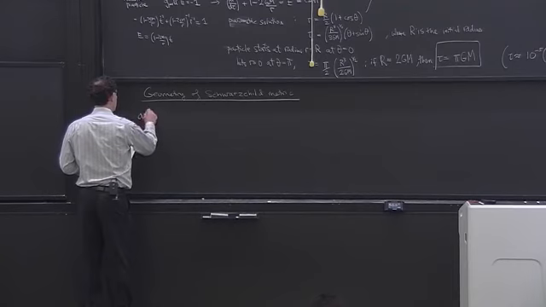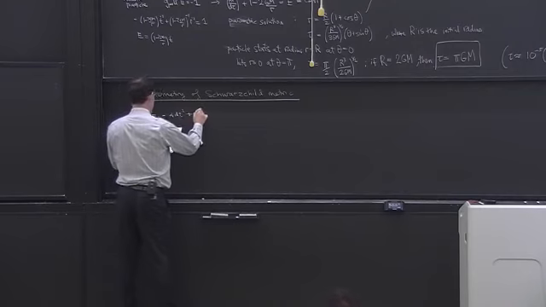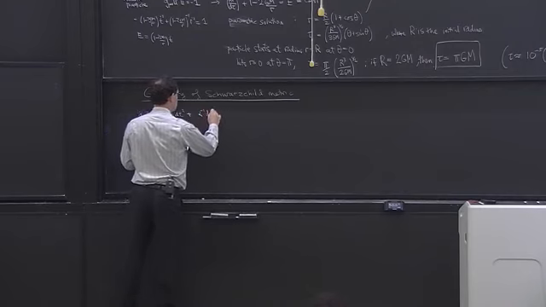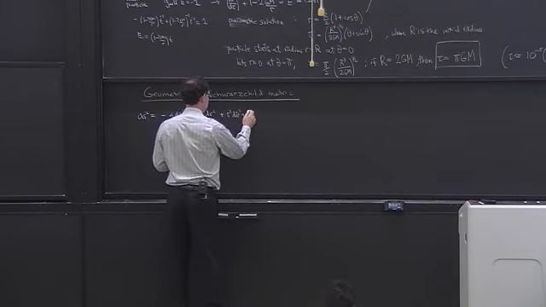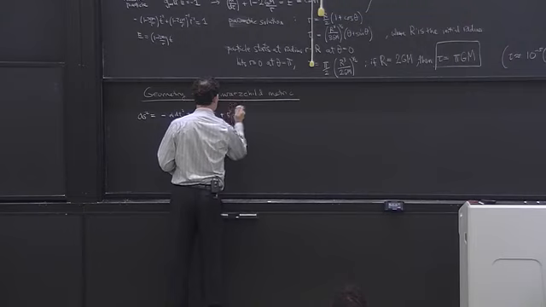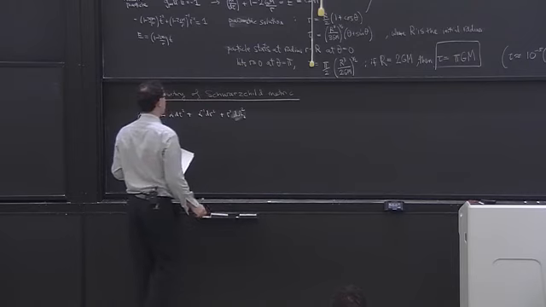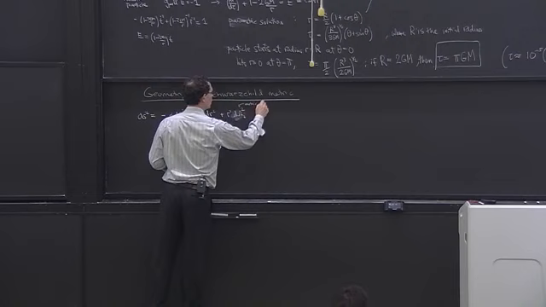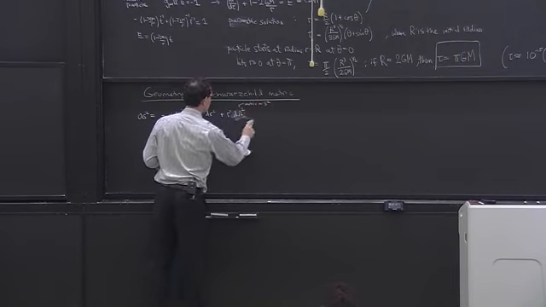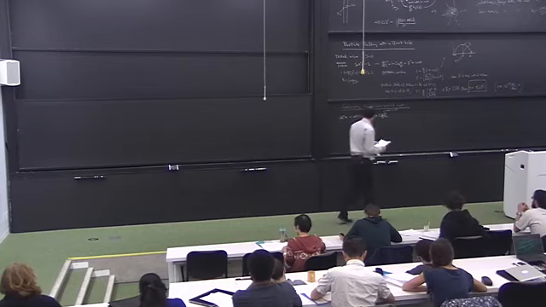I'm going to write down the Schwarzschild metric: minus alpha dt squared plus alpha inverse dr squared plus r squared d omega squared. That means the metric on a 2-sphere, d theta squared plus sine squared theta d phi squared.